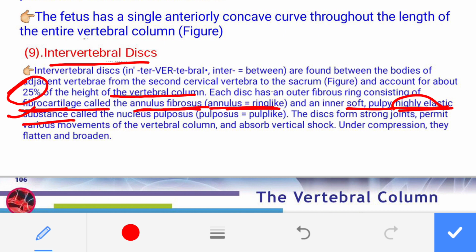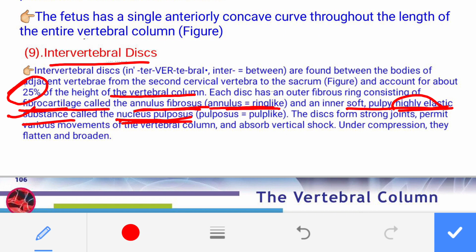It is a gelatinous, gel-like substance, and that substance is known as the nucleus pulposus.